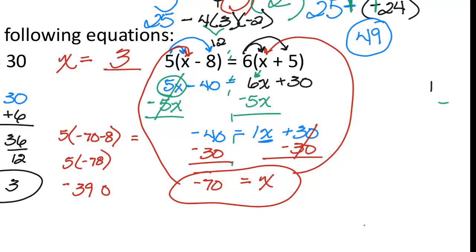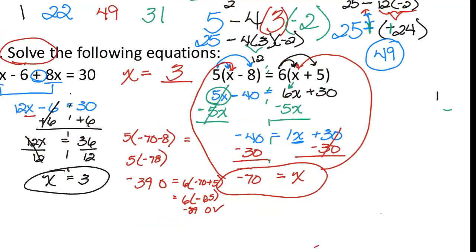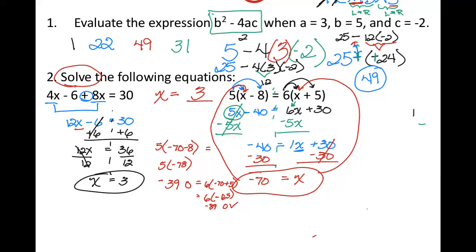With a carry of 4, right? Check my math. And this is negative 70 plus 5. So that is 6 times negative 65, which is negative 390. So negative 390 equals negative 390. So that is correct. Woo!